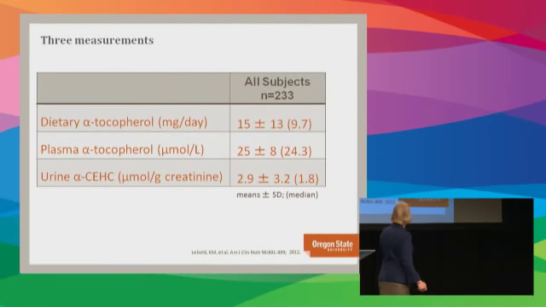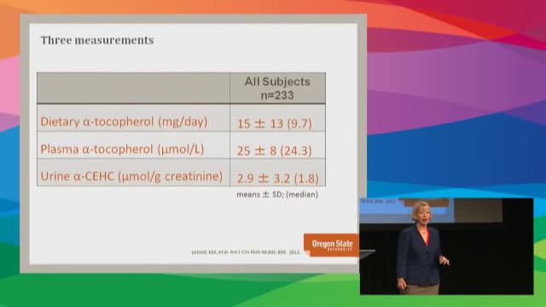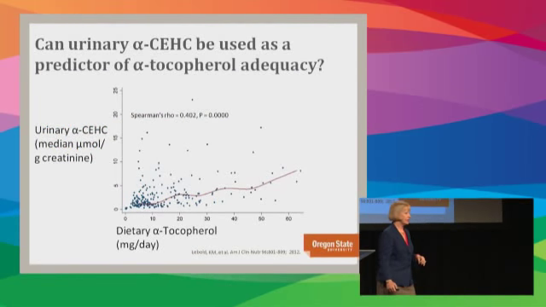Not so good. The plasma was 25 plus or minus 8, and my biomarker, 2.9 plus or minus 3.2. Altogether, a big mess. And if you look at the data, you can see these are the people who are not taking supplements. These are only people eating the diet vitamin E.